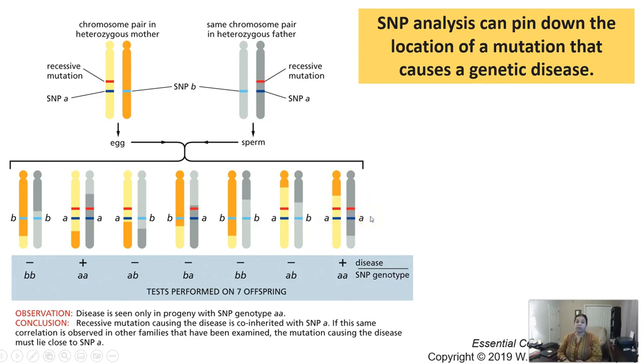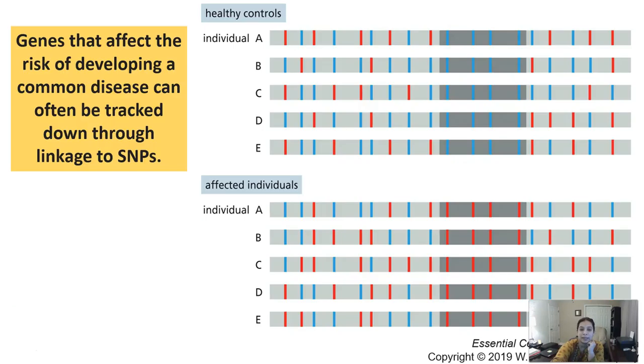So the recessive mutation in this case is co-inherited with that SNP A. If we observe multiple families each time having the same kind of analysis, then we know that the mutation causing the disease allele is going to be close to that SNP. And so we can then start walking up the chromosome and around the SNP and see where that gene locus is.